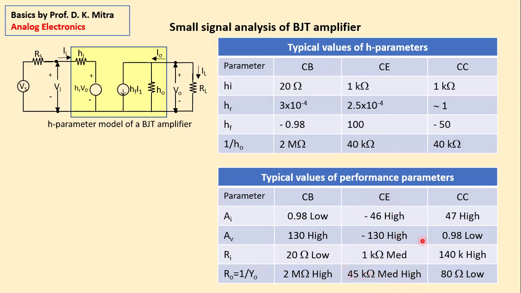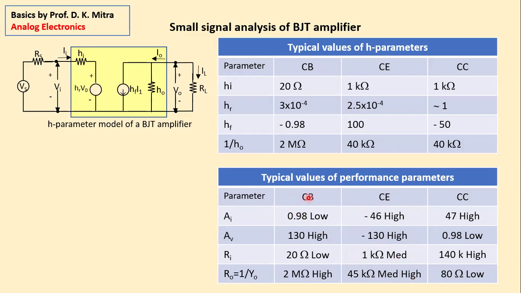In common emitter mode, all these four parameters are practically very good. Current gain is high, voltage gain is pretty high, input resistance is on the low side, I should say, and output resistance is also high.